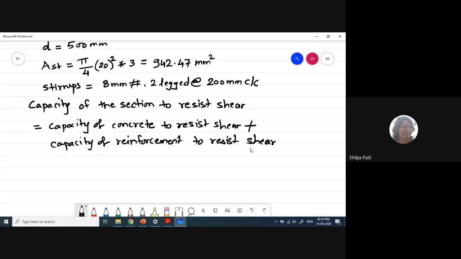So we have to calculate the total Vu equal to Vuc plus Vus.